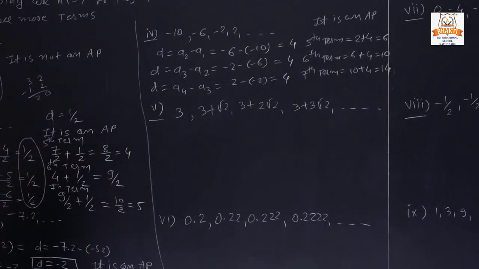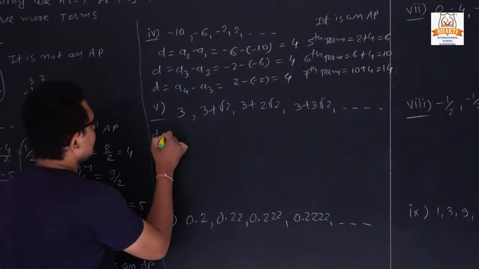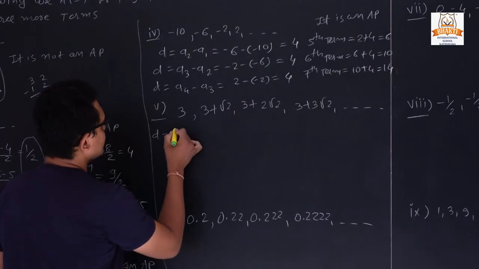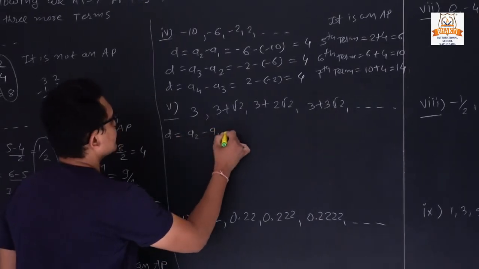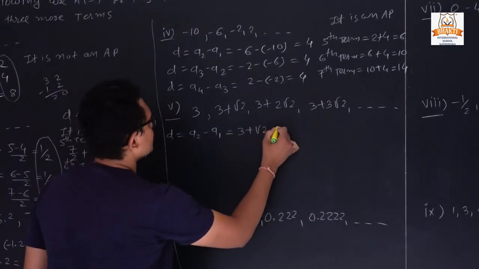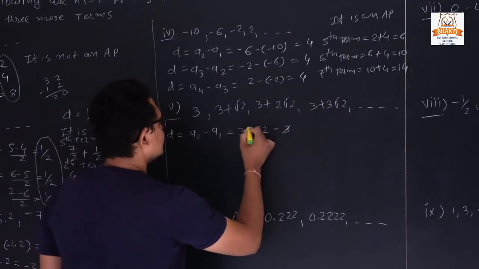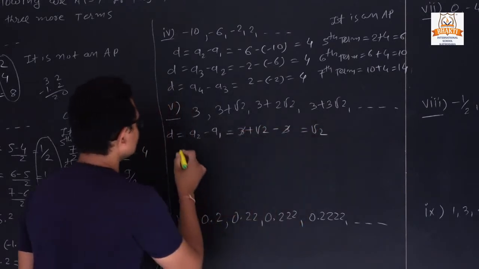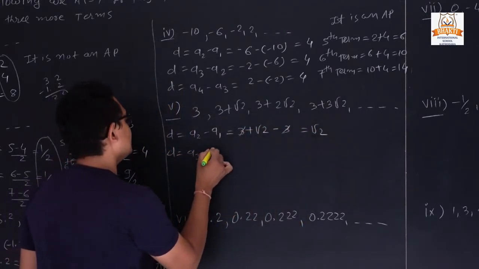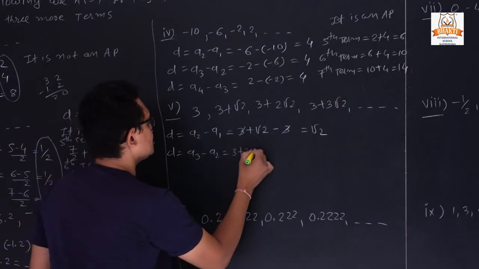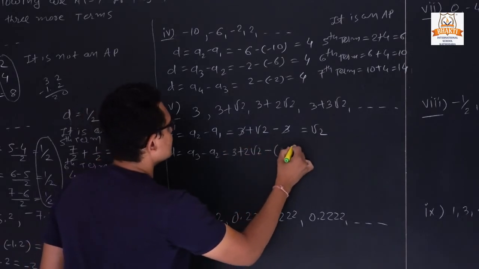Question 5. Once again we find the difference D. A2 minus A1: 3 plus root 2 minus 3. So 3 cut, the answer is root 2. Once again A3 minus A2: 3 plus 2 root 2 minus in bracket 3 plus root 2.